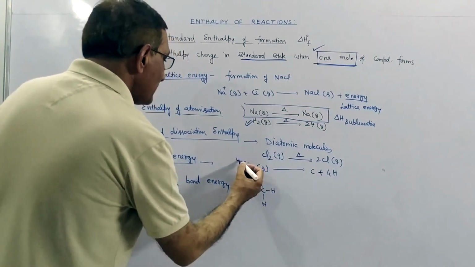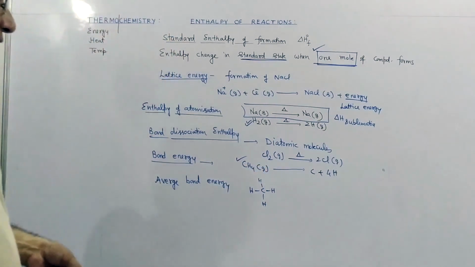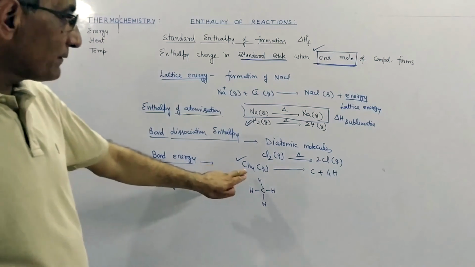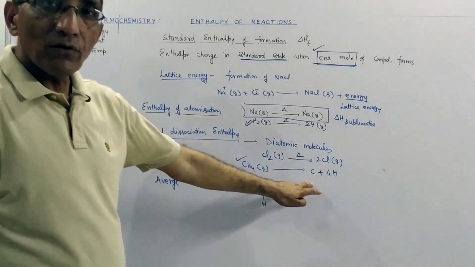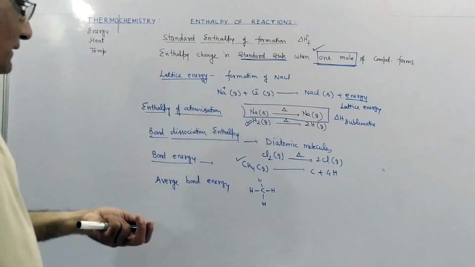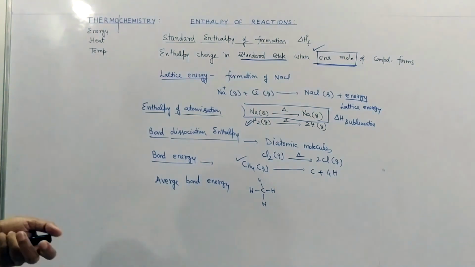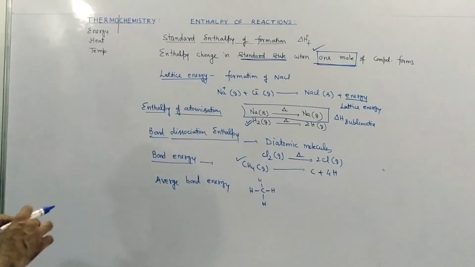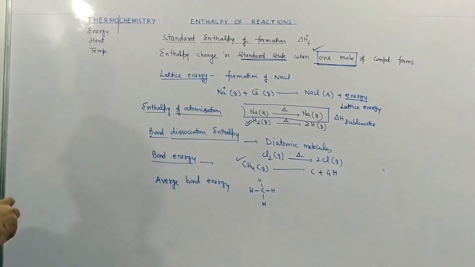So this energy is called bond energy. It means the energy needed to dissociate 1 mole of bonds into its constituent atoms. This energy is called bond energy. Now students, what is average bond energy? This we will discuss. What is average bond energy?